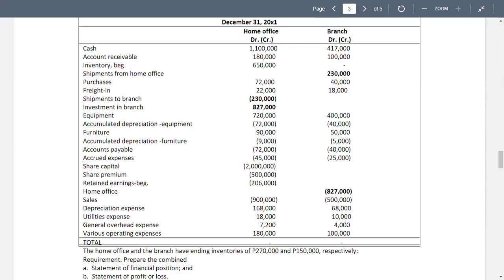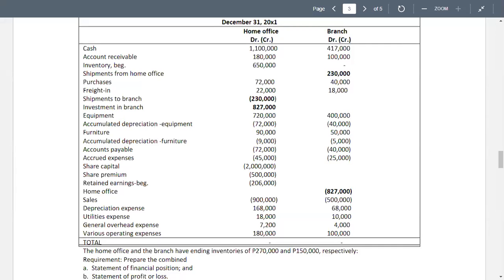We begin with assets. Assets are the following. Cash, 1,517,000. Next, accounts receivable, 280,000. Inventory, for the ending inventory, is 420,000.